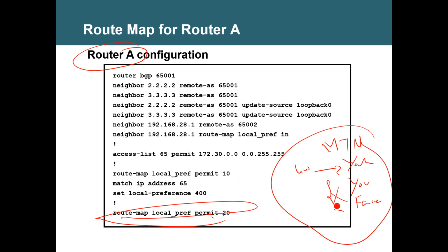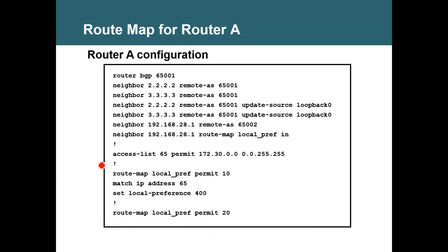It will ignore these 2 and accept only this one because you have spoken only about Yahoo. When I write this, what I mean is all the rest should be accepted without any change. You understand that? Yeah.